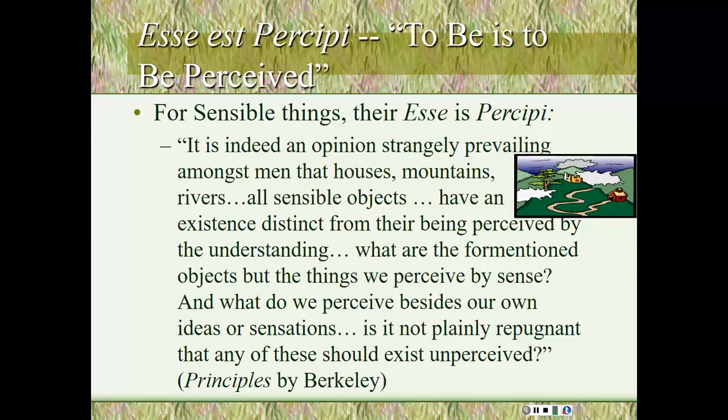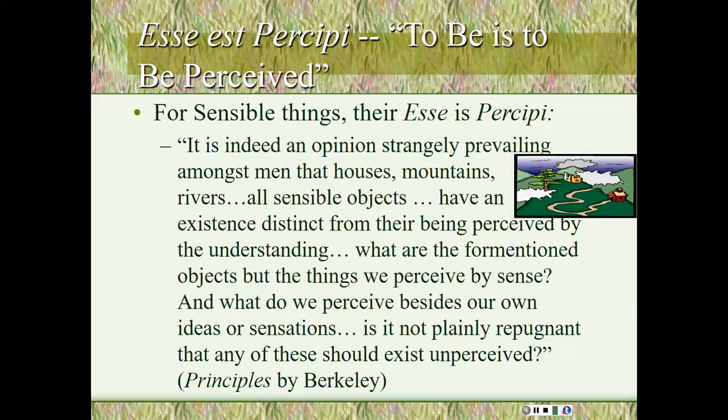And here's a direct quote from The Principles of Human Knowledge by Berkeley. Berkeley says, it is indeed an opinion strangely prevailing amongst men, he means men in the generic sense, among human beings, that houses, mountains, rivers, all sensible objects have an existence distinct from their being perceived by the mind, by the understanding.